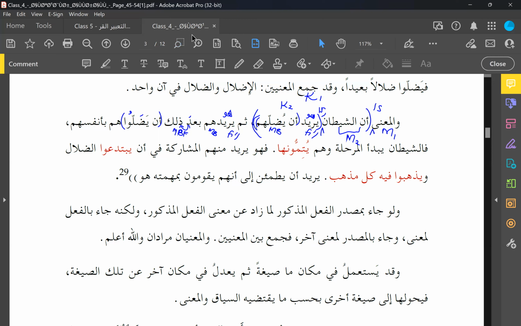To do something. أن يظل, to be misguided themselves. If you were to remove everything in between and just said يريد أن يظل, he wants their misguidance.